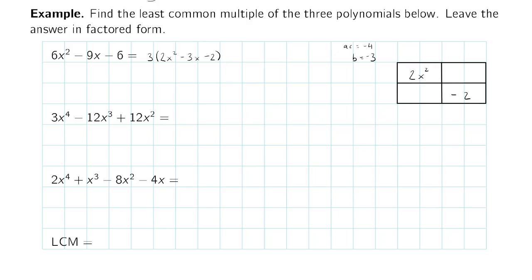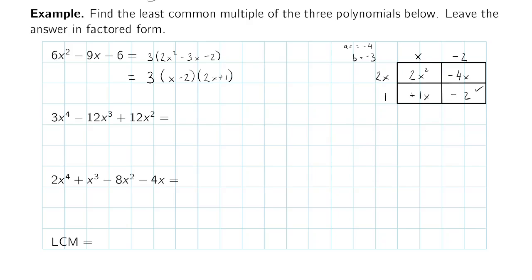I think I'm going to split up that middle term as negative 4x plus 1x. And then in my first row, I'll have a 2x. First column, I'll have an x, a negative 2, a 1. 1 times negative 2 is negative 2. So my first polynomial factors as 3 times x minus 2 times 2x plus 1.